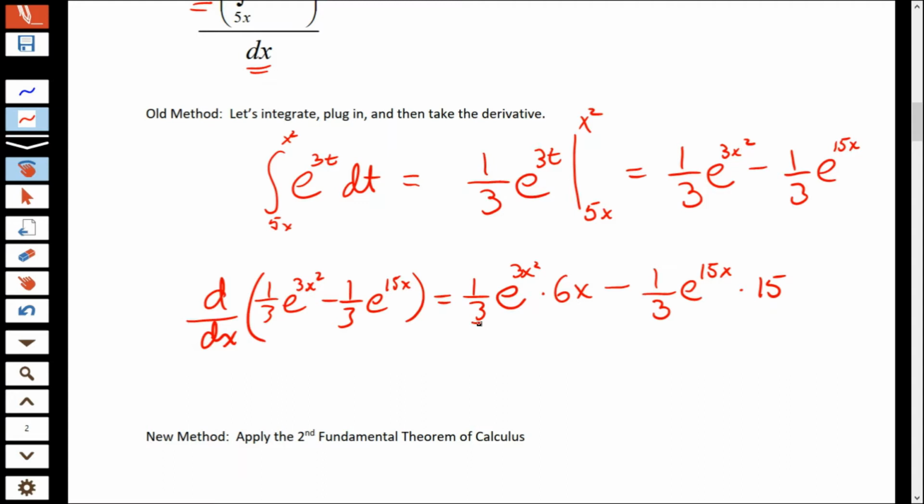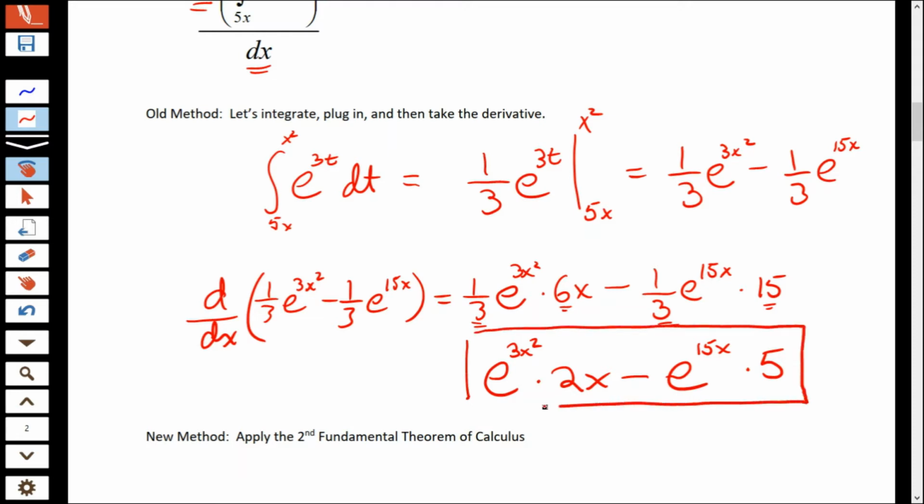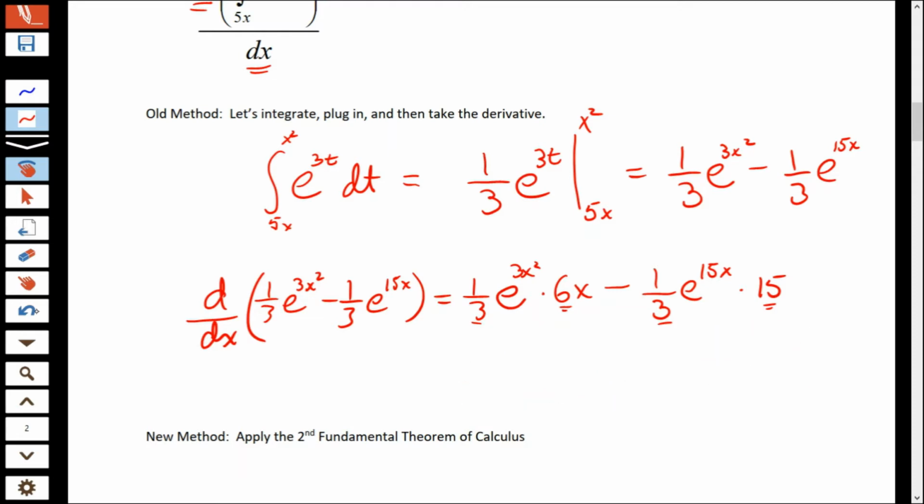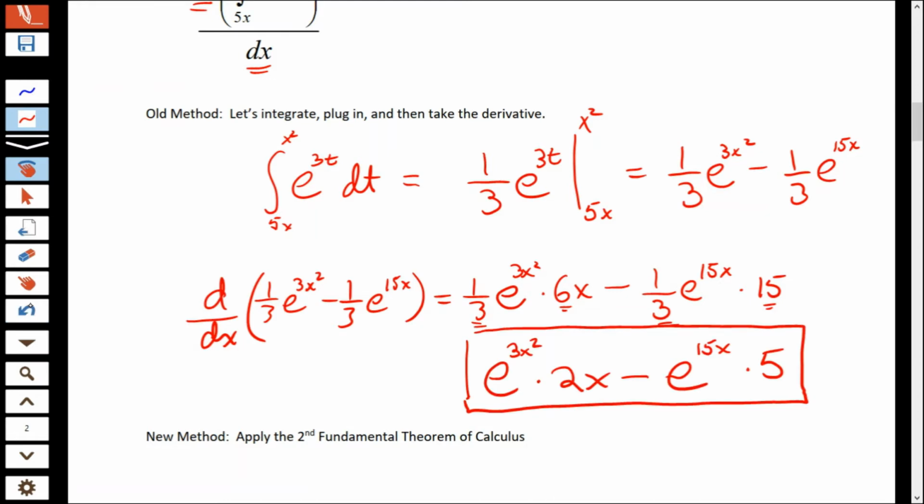Now, let's simplify these fractions, because I know 3 goes into 15 and 3 goes into 6. So we get e to the 3x squared times 2x minus e to the 15x times 5. All right? So that is the answer we get when we do this out. When you take the integral, plug in your bounds, and take the derivative, this is what we got.